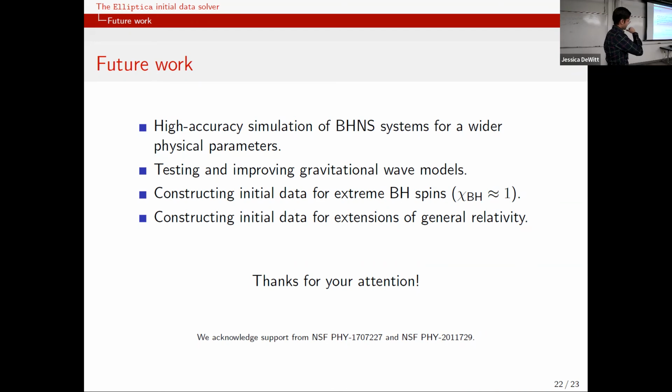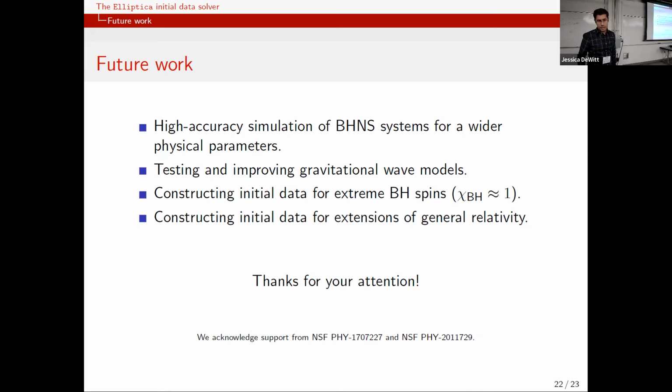It currently can reach 0.8 dimensionless spin, but it is ideal if we can get to even higher spin, like extremal, like 1. And also, I'm interested in working on the extension of constructing initial data for extensions of general relativity.